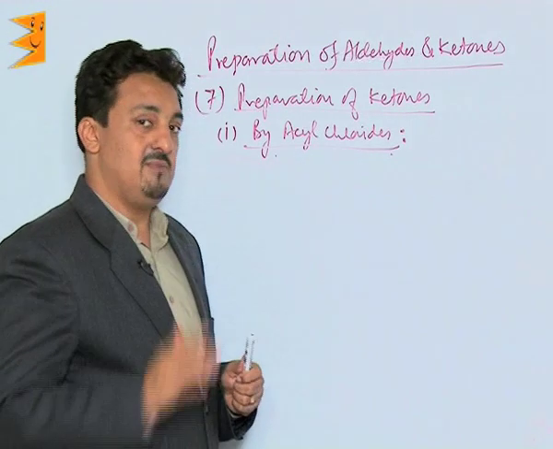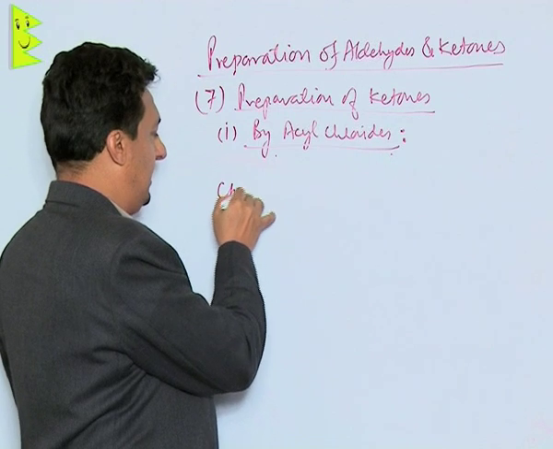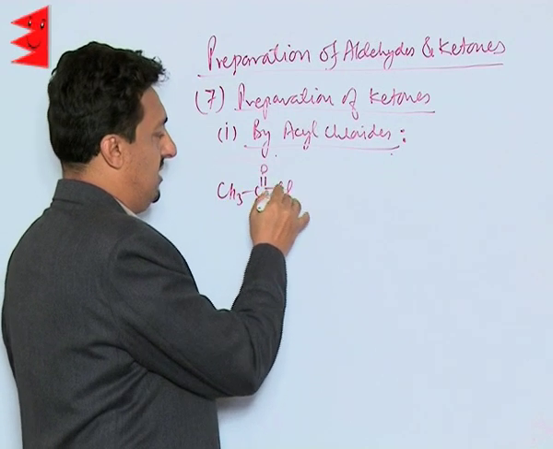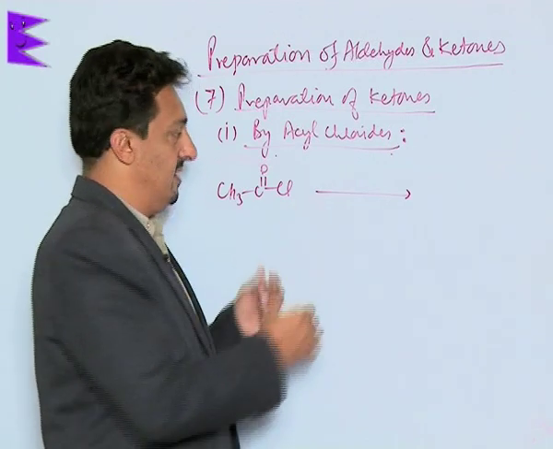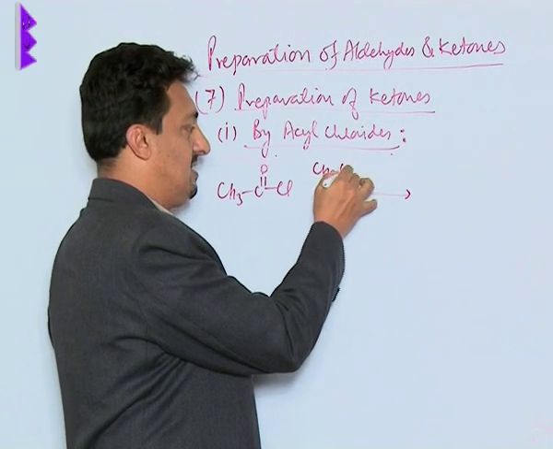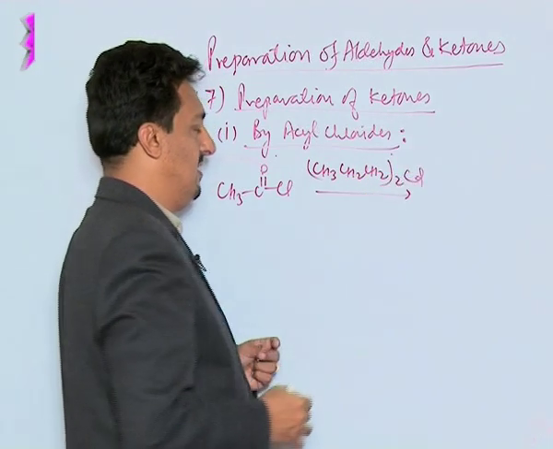Let us take an example, like if we want to prepare 2-pentanone, and we are taking acetyl chloride. Now for 2-pentanone, we need to have 3 more carbons here. So what we will do is, we will take dipropyl cadmium as the compound.